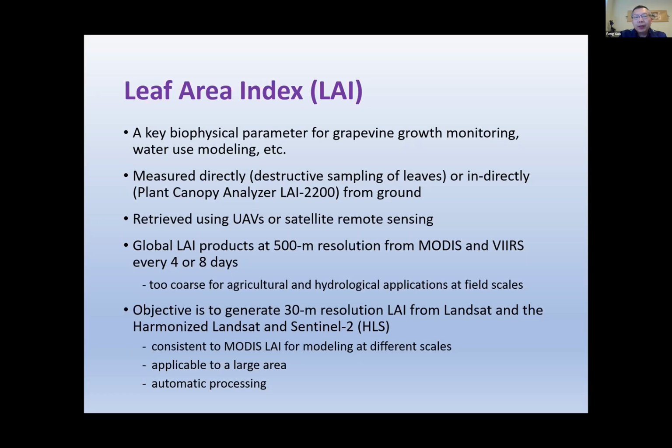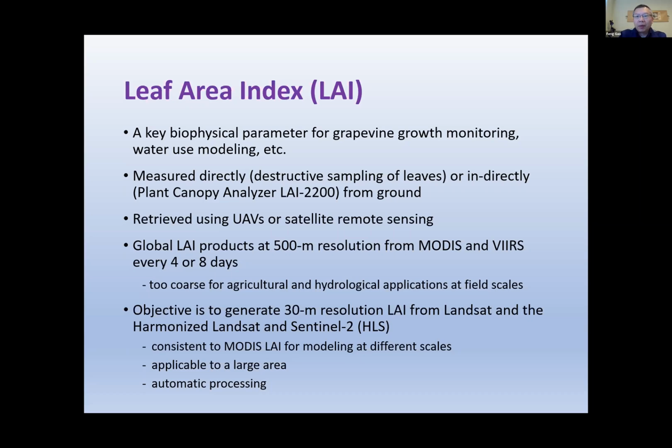Currently, global leaf area index data products are available at 500 meter spatial resolution from MODIS and VIIRS every 4 or 8 days. However, the 500 meter resolution is too coarse for agricultural application at the field scale. Our objective is to generate a 30 meter resolution leaf area index from Landsat and the Harmonized Landsat and Sentinel-2 data, or HLS data.